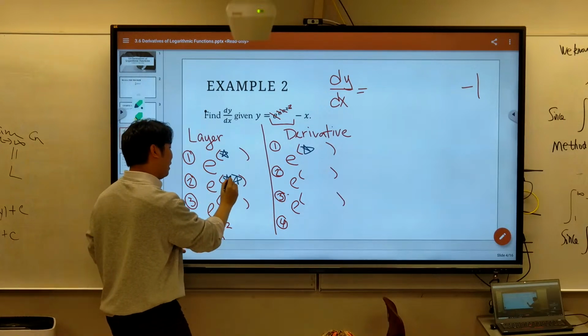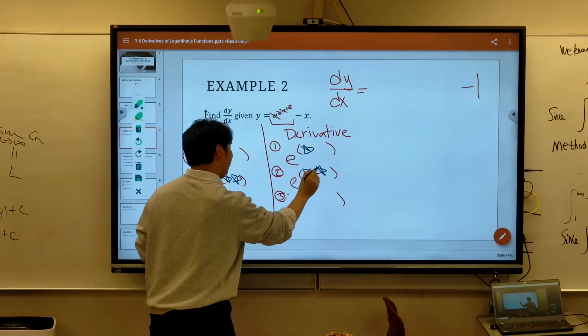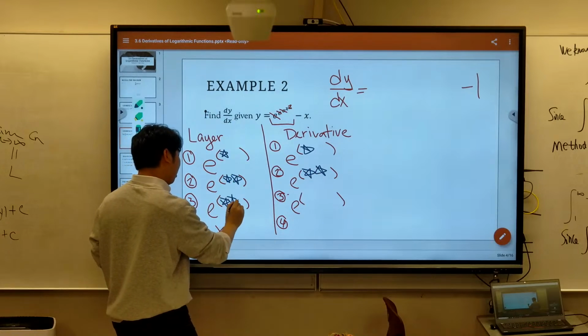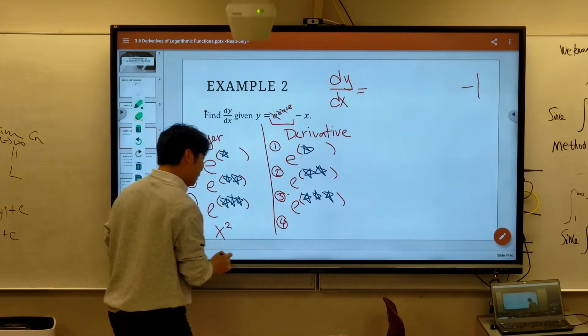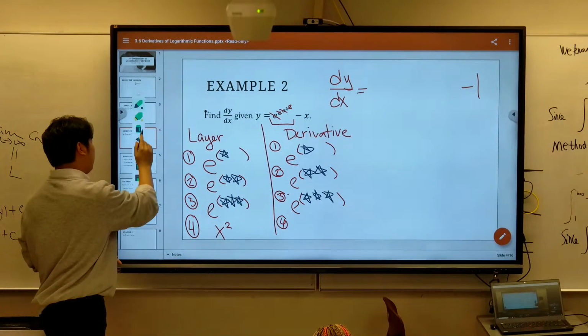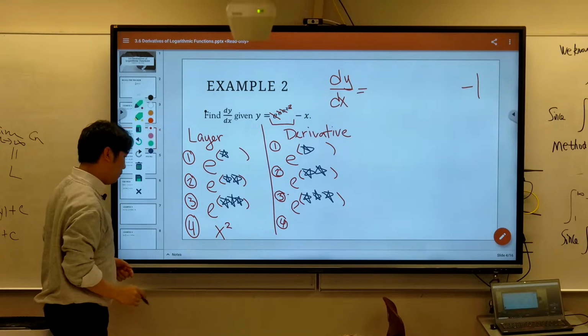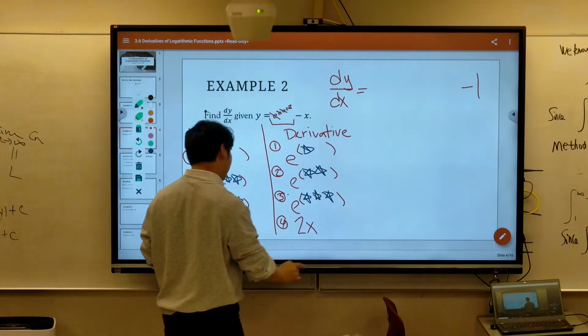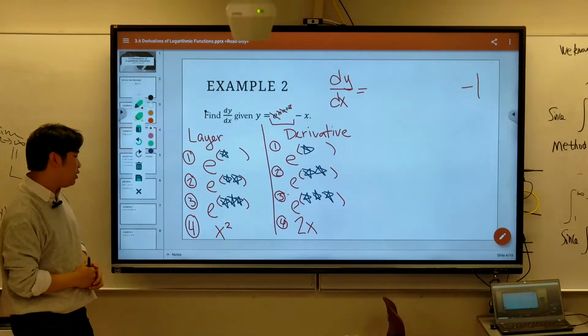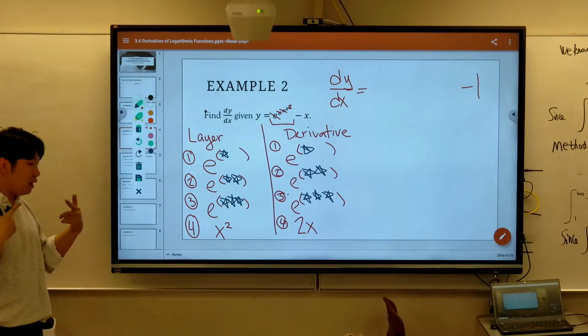Whatever was in my second layer, I'm keeping that the same. And whatever's in this third layer, I'm keeping that the same. What's the derivative of my 4th layer, by the way? Let's go ahead and do that. Yeah, so we have 2 times an x, so 2x, just from our power rule.